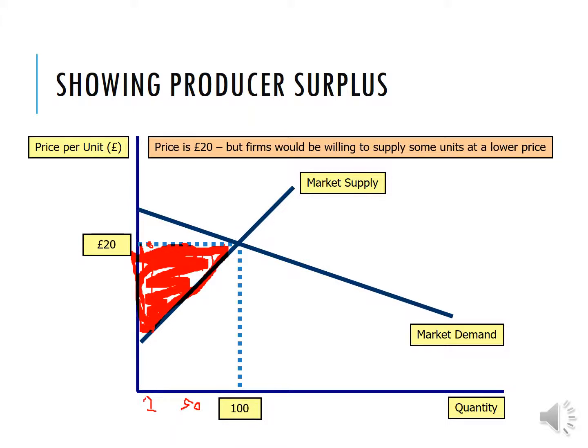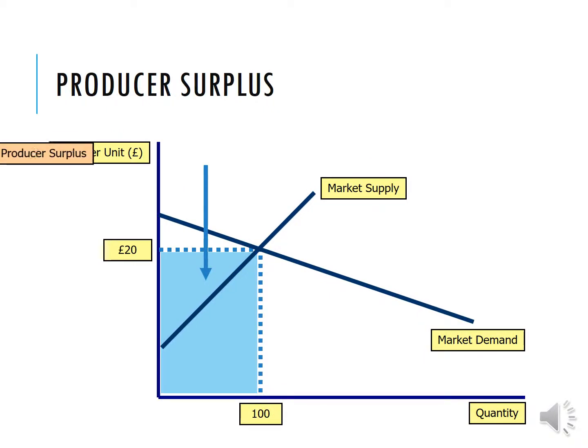So this area here represents the producer surplus. The total producer surplus is represented by the area between the supply curve and the current market price.